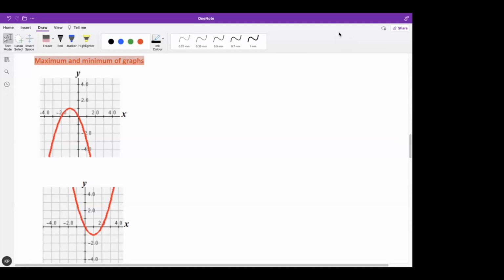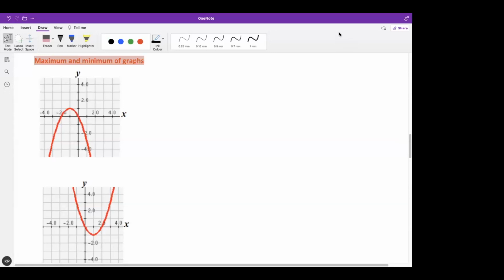Okay, let's talk about minimum and maximum of graphs. What is a minimum and maximum in general? What do you know about minimum and maximums? Never mind graphs. Highest and the lowest. Thank you, Tepang.